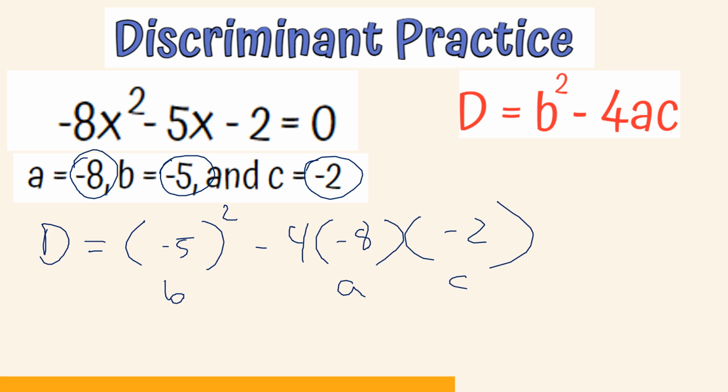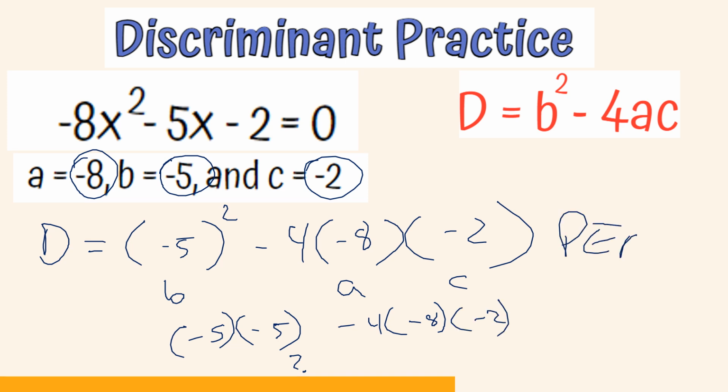And remember, a negative times a negative is what? That's right. A negative times a negative is a positive. So you have a negative 5 times a negative 5, which is going to give you some number. From that, you're going to subtract 4 times negative 8 times negative 2. We've got to remember PEMDAS. So right here, before we subtract, we've got to multiply 4 and 8.